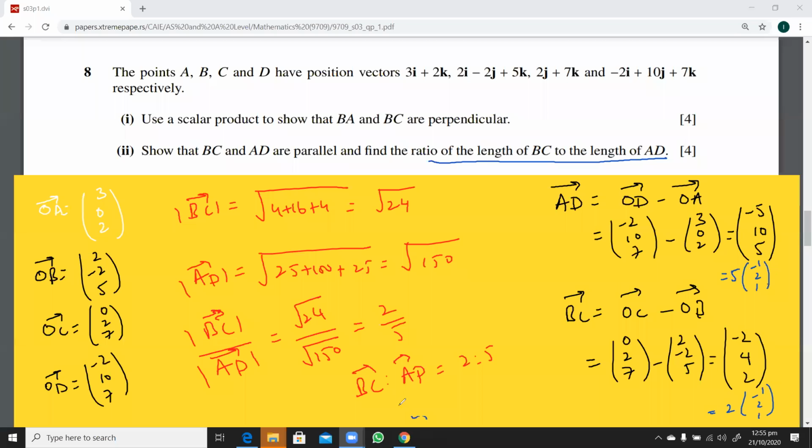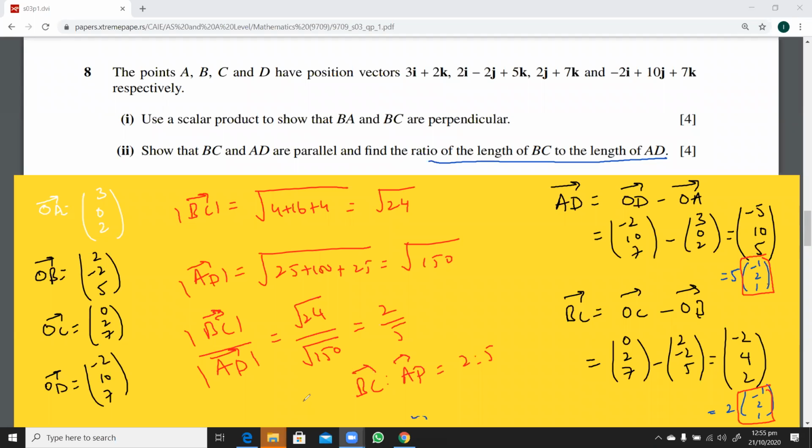So this is confirmed from the calculator, and otherwise you could see that this minus 1, 2, 1 is the same on both of these vectors. What is this minus 1, 2, 1 for the vectors AD and BC? This is the direction vector of these two vectors AD and BC, because if you simplify this, you get minus 1, 2, 1. Okay?